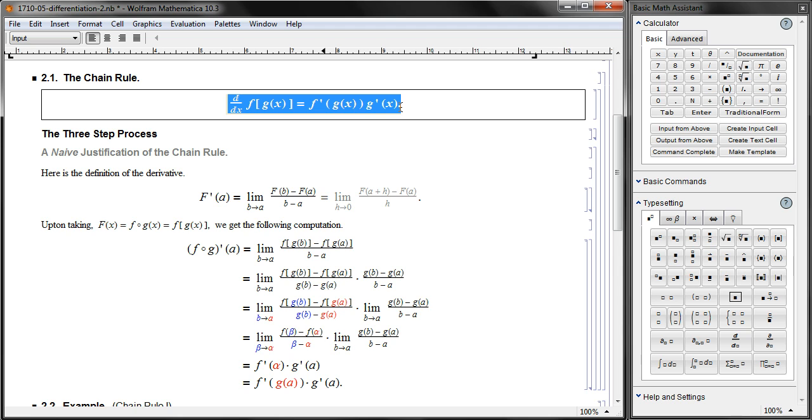Potential problem arises when this quantity, g of b minus g of a, is equal to 0 infinitely many times, but not constantly 0. So g of a and g of b are the same infinitely many times, but not always the same. That could cause a bit of a problem, but oh my, that's way beyond calculus level, so we are not going to worry about it.